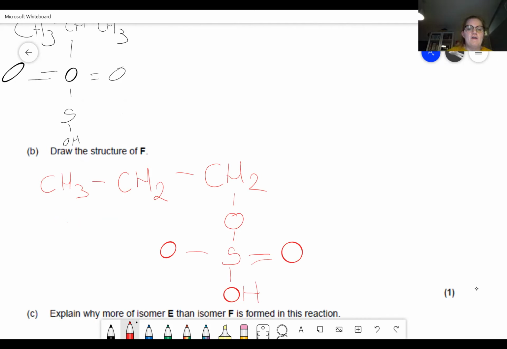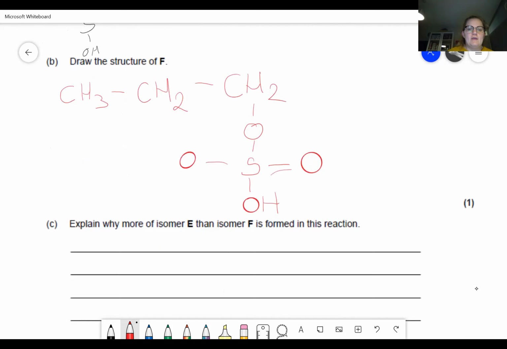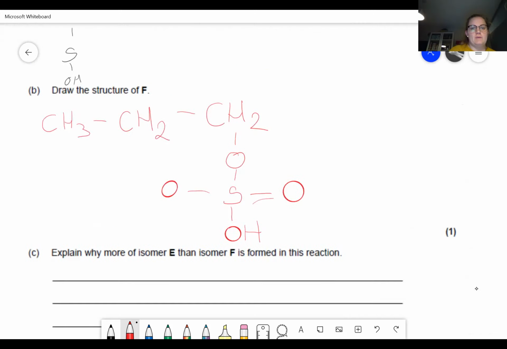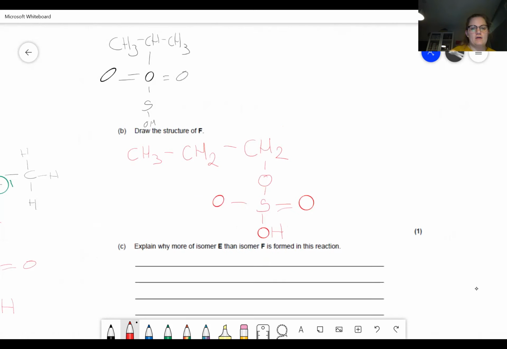So then our final question for this would be explain why more of isomer E than isomer F is formed in this reaction. So if we have a quick look at them, let's zoom out. We've got E and F here.